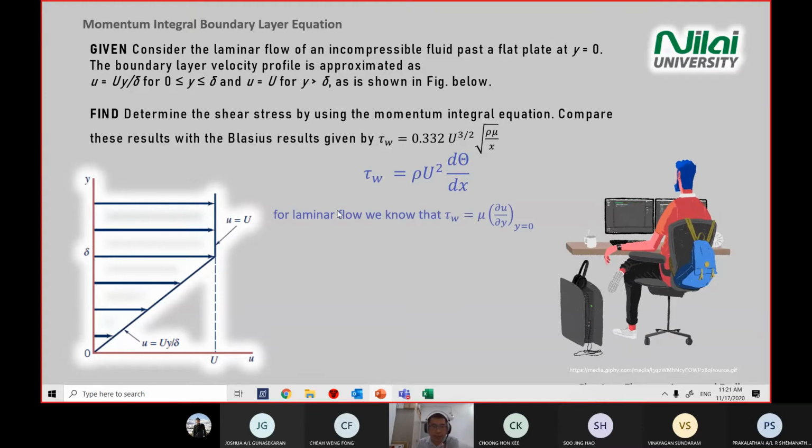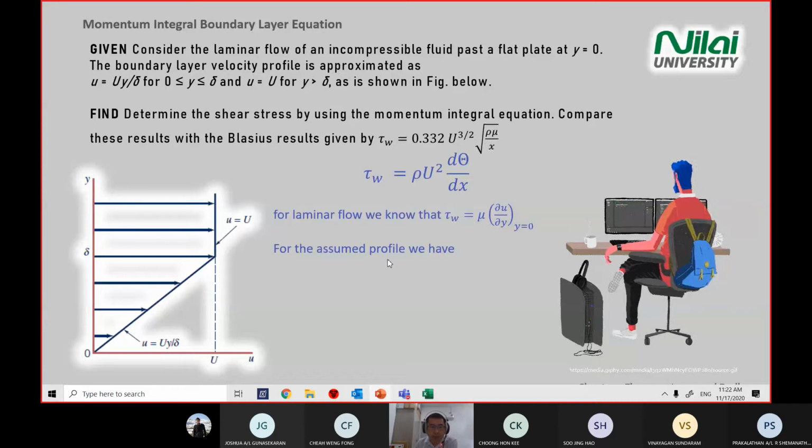For laminar flow, because the question states that we are looking at laminar flow, we know that our shear stress is given by viscosity times the velocity gradient at y equal to 0. So our laminar flow is given by shear stress equals mu times del u over del y.